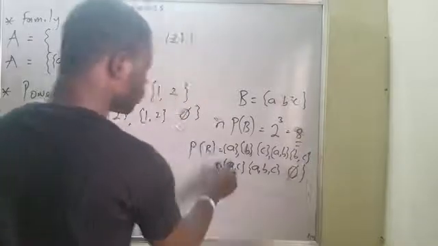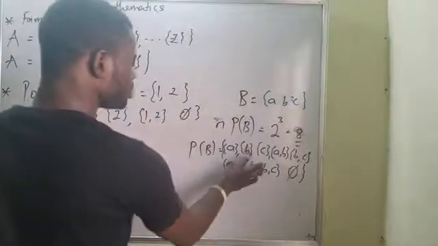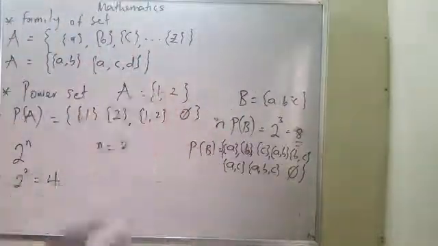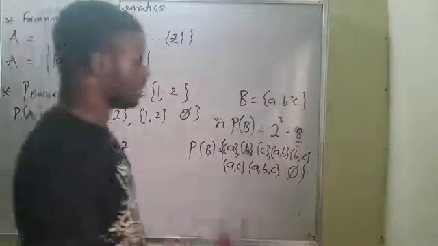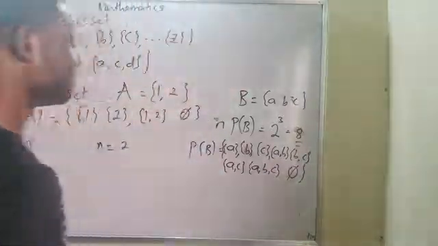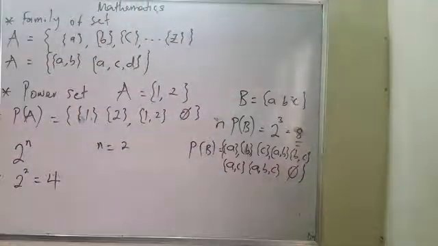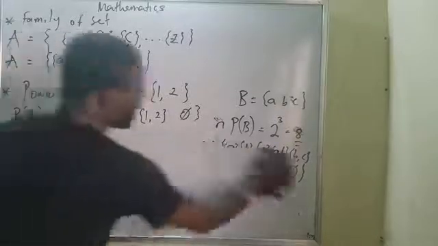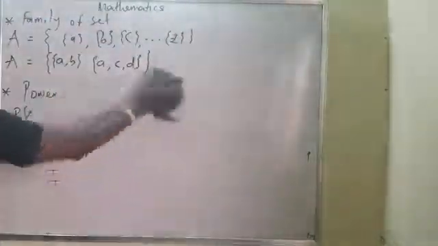Now, this is 1, 2, 3, 4, 5, 6, 7, 8. Can you see that is the power set? Don't forget, if it is 4 items, it means it will be 2 to the power 4, and you split it like that. That is what we are talking about on a power set. Now, let me move on to the next one.